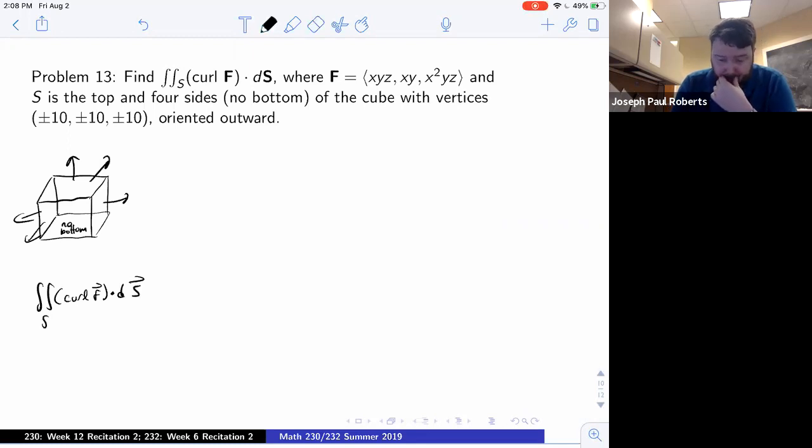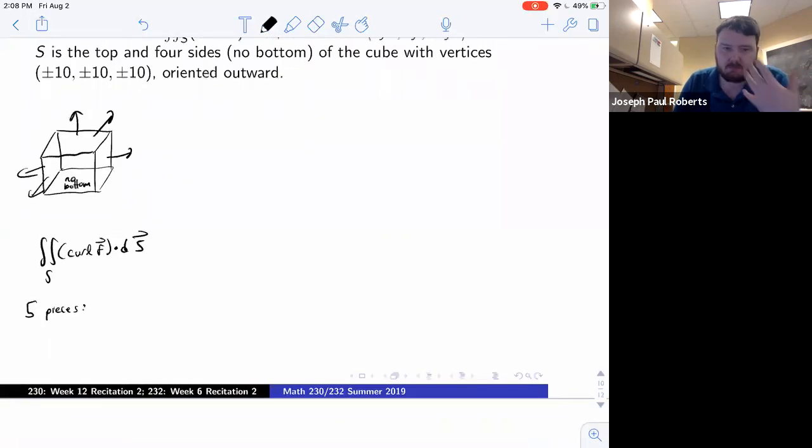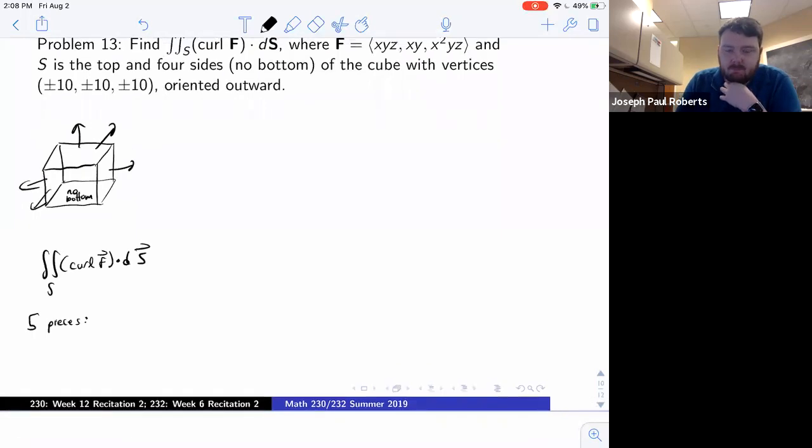Okay. And so if I asked you to do this after Monday's lecture, when we just learned about flux, you could have done this, except it's a little bit annoying. You'd have to do 5 pieces, right? Because dealing with each of these pieces would be tedious. So for example, piece 1 would maybe be the part of z equals 10 for x and y between minus 10 and 10 with upward orientation.